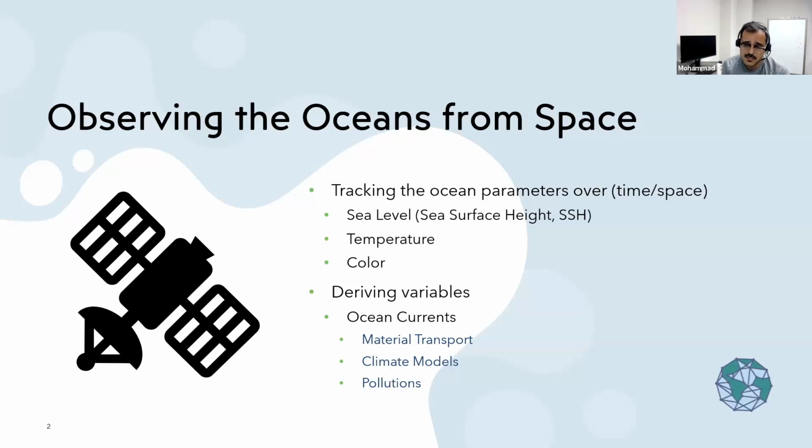This precious component can be derived from corresponding sea levels. For the current generation of satellites, which have spatial resolutions between 50 to 100 kilometers, the ocean currents can be estimated simply by taking the spatial gradients of the SSH, or sea surface heights.